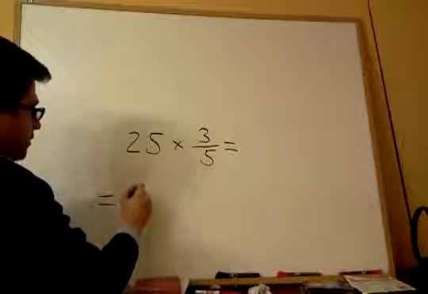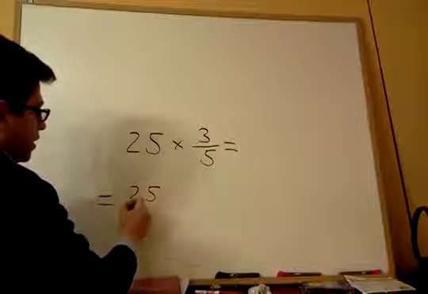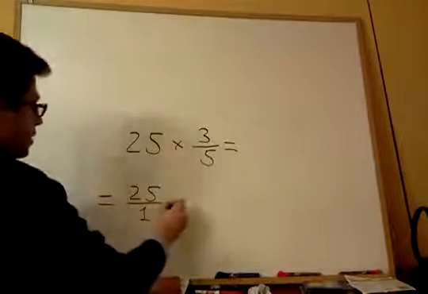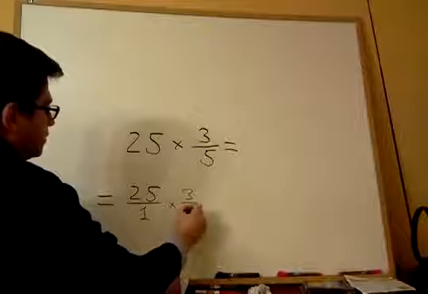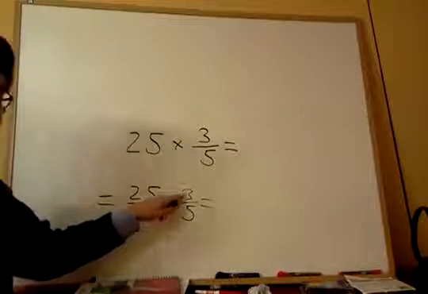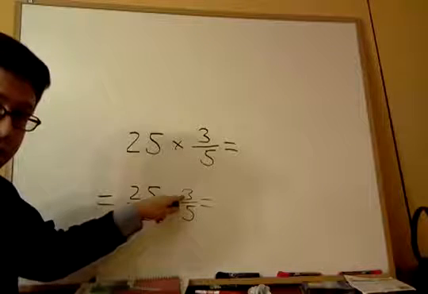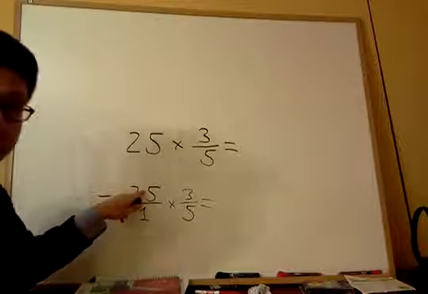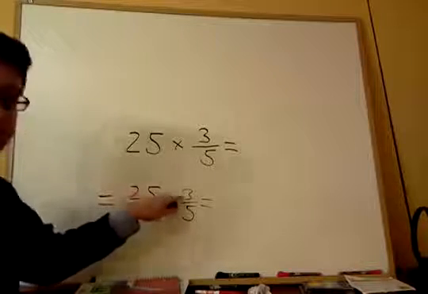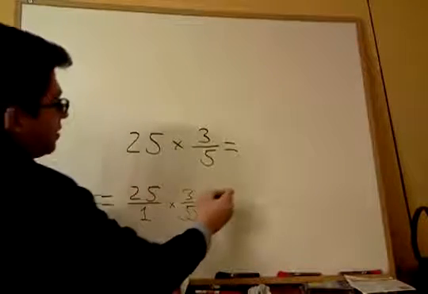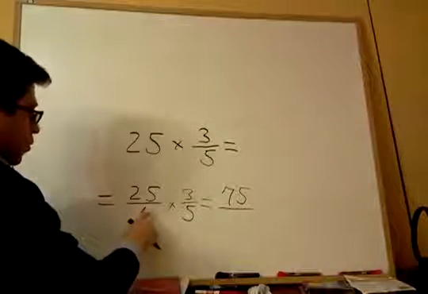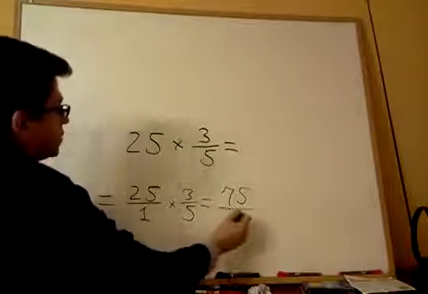Instead of 25, I write 25 out of 1 times 3/5. 25 times 3 will be how much? 25 is like 25 cents. It's like a quarter. How much is 3/4? It's 75 over 1 times 5 equals 5.